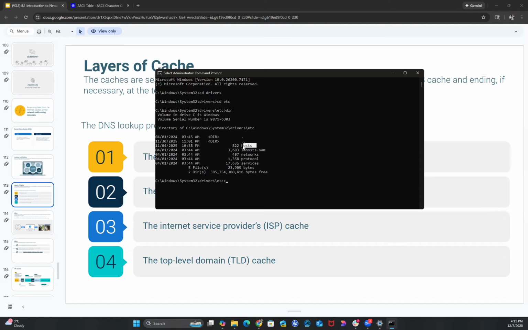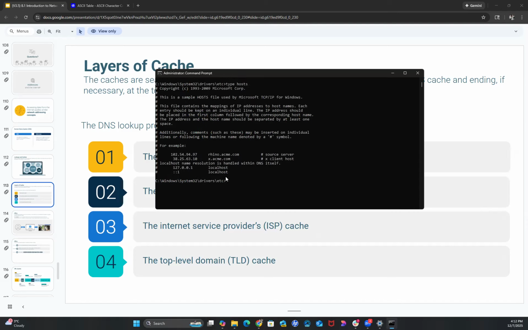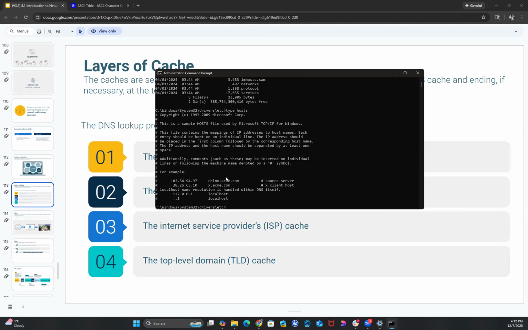You see, this is the hosts file. We can check it and type hosts. This is the DNS file. You see, all the DNS lookups are in here. The DNS records are in here. This is acme.com, one DNS record already. So this is the local DNS configuration.